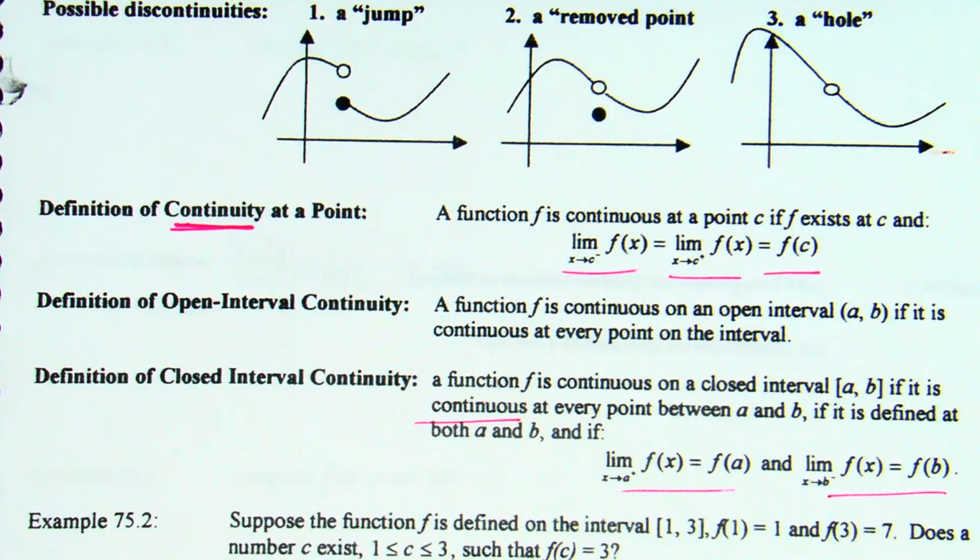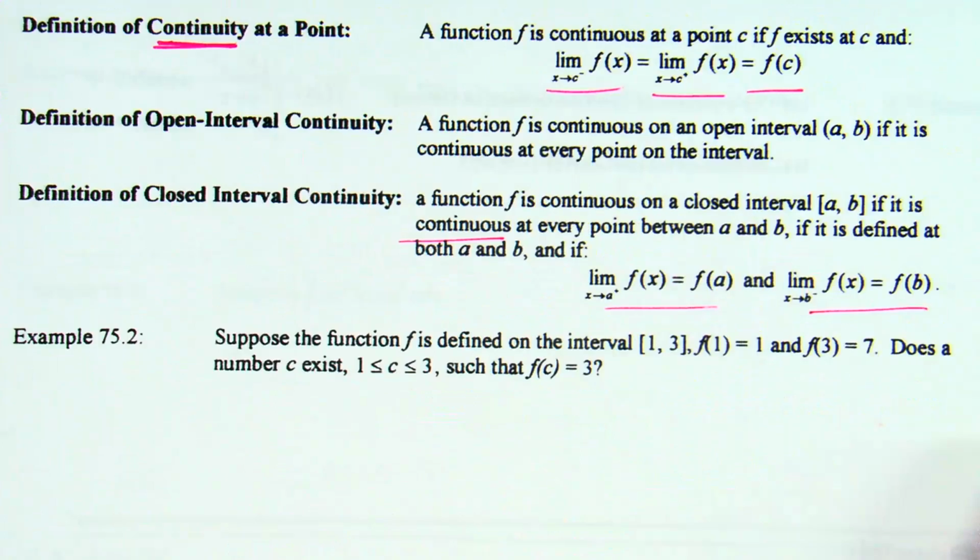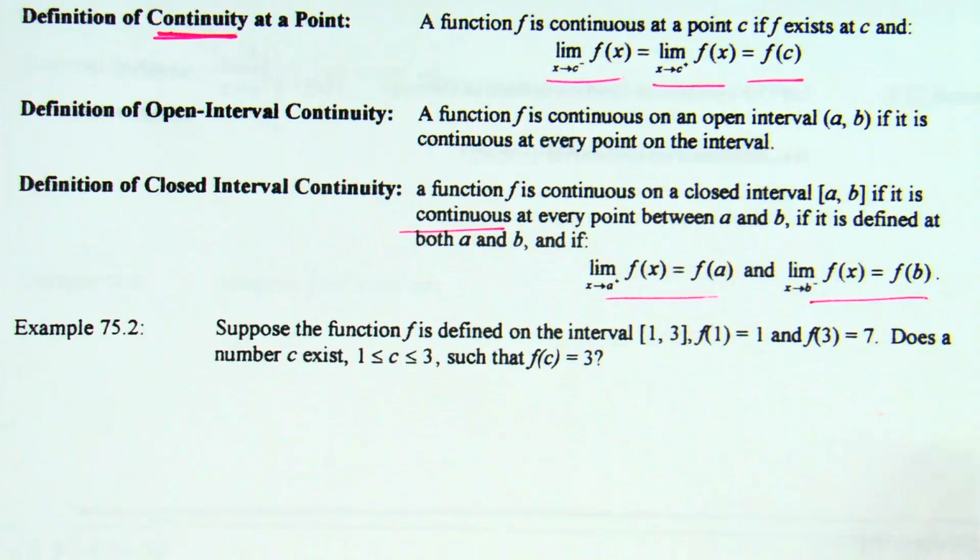Speaking of example 2. Let's work to apply this intermediate value theorem and the continuity idea. Suppose the function f is defined on the interval 1 to 3. f of 1 equals 1. f of 3 equals 7.